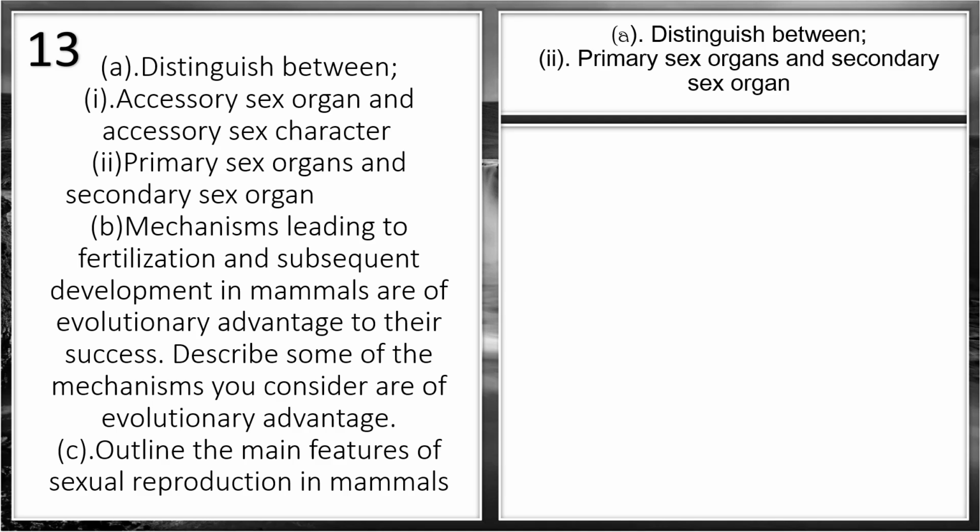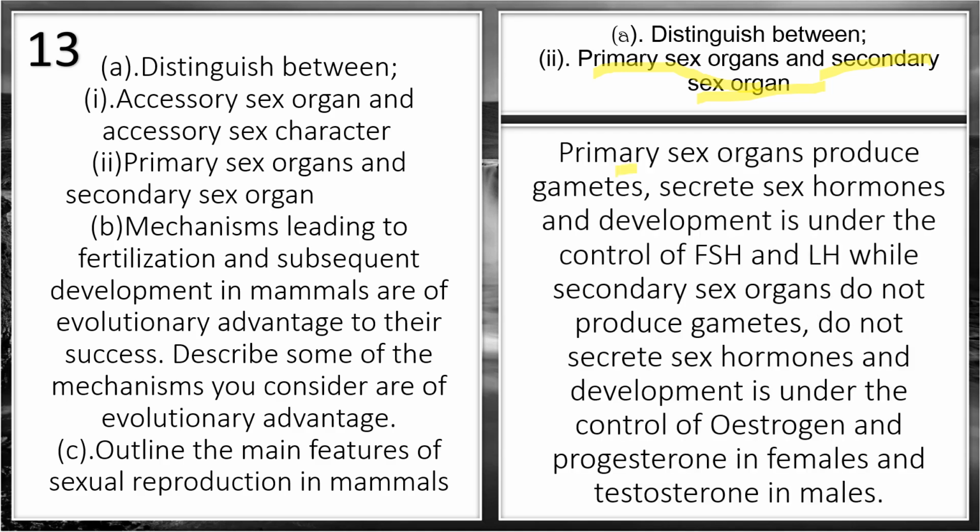Distinguish between primary sex organs and secondary sex organs. Primary sex organs produce gametes and secrete sex hormones, and development is under the control of follicle-stimulating hormone and luteinizing hormone.